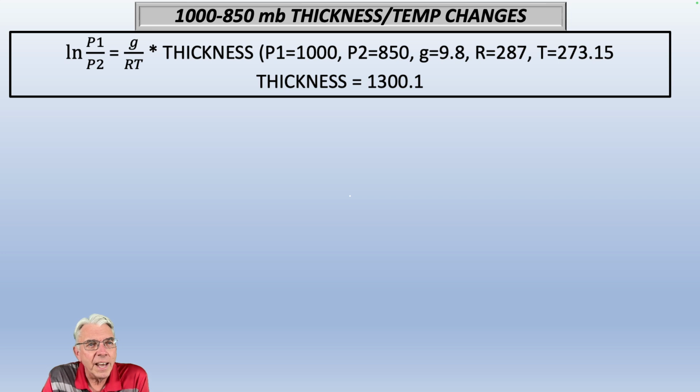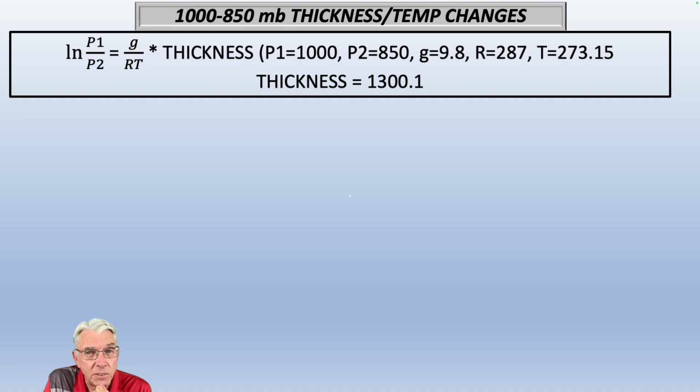And it says that the natural log of pressure 1, one of those surfaces, over pressure 2, another one of those surfaces, times a gas constant, which has a value of about 287, and the average temperature of that layer, divided by the gravitational constant, which is the rate at which objects accelerate as they move toward the Earth due to gravity, is equal to the thickness, okay?